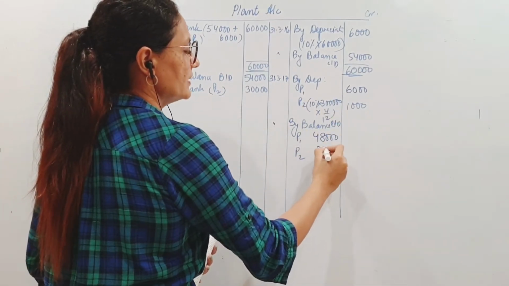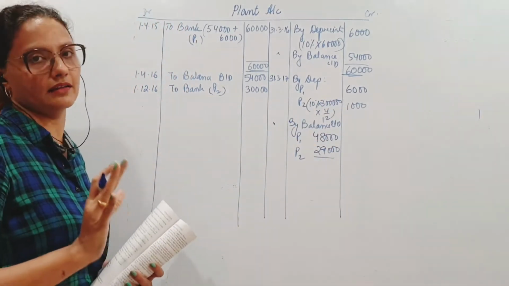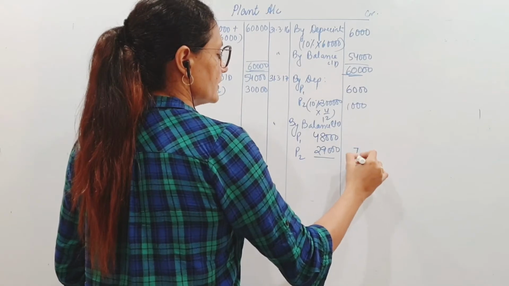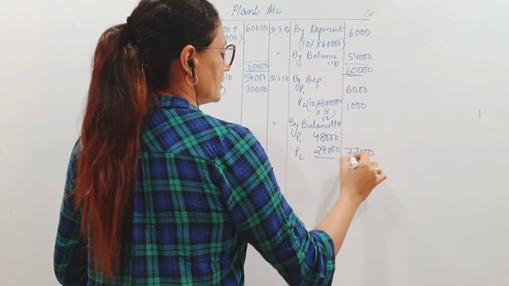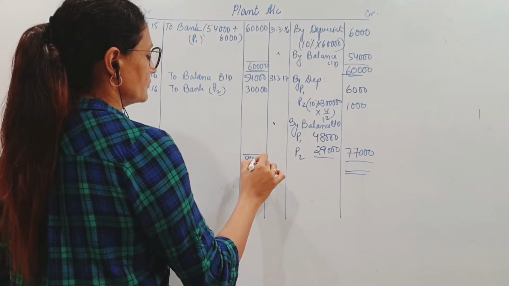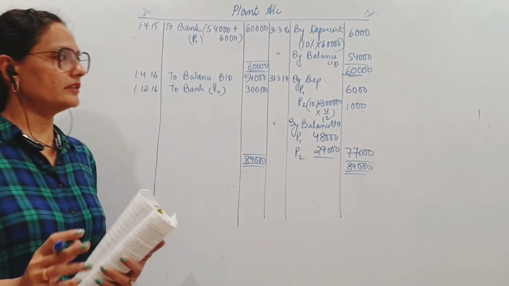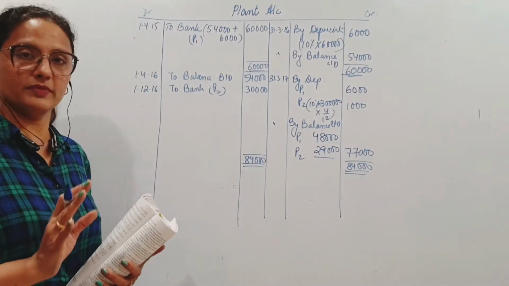What is the written down value? 29,000. 30 minus 1. Keep them separate like this. Total of course will come to 77,000. That's balance carried down. Okay, this is 84,000. So year 2, this is what is supposed to be done.